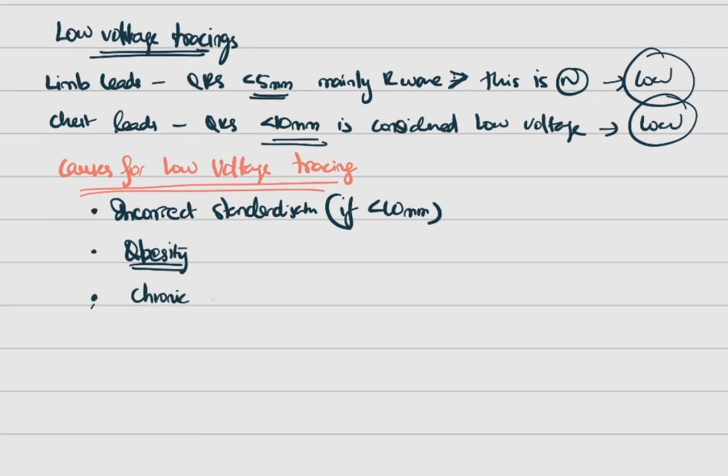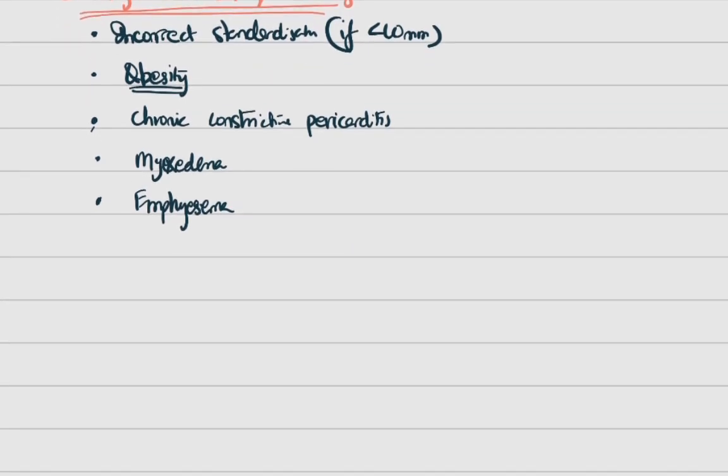Chronic constrictive pericarditis: again, there will be fluid or fibrotic tissue, so this can lead to low voltage tracing. Myxedema, hypothyroidism, which is a very common cause for low voltage tracing. Emphysema: again, the lungs are over-distended, and the air in between, the lingular segment, can override the heart surface and lead to low voltage tracing. And hypothermia last.